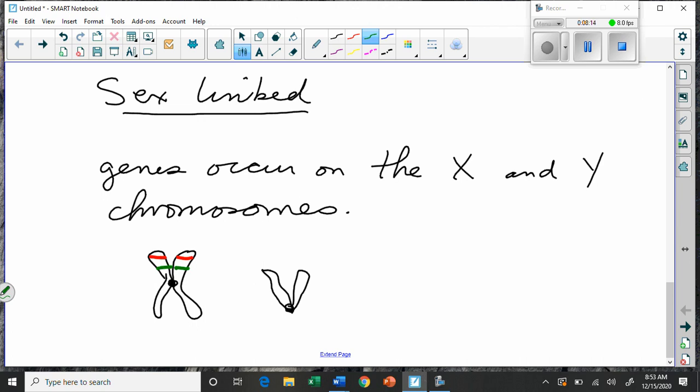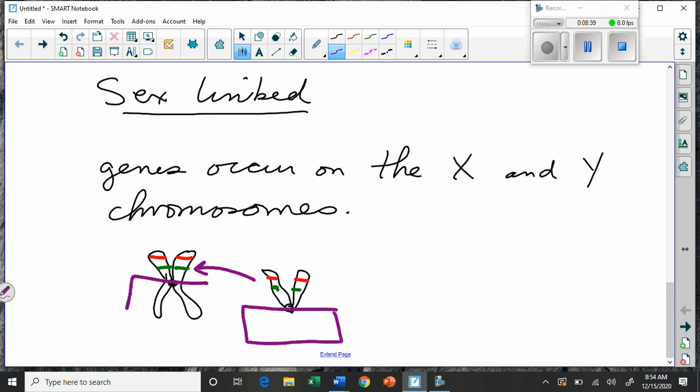What you'll notice is that the homologous Y chromosome seems to be missing the bottom half. What that means is the top part is homologous to the top here, so it would have those same sort of alleles, maybe different alleles, but the same genetic complement. But look what happens on the bottom.